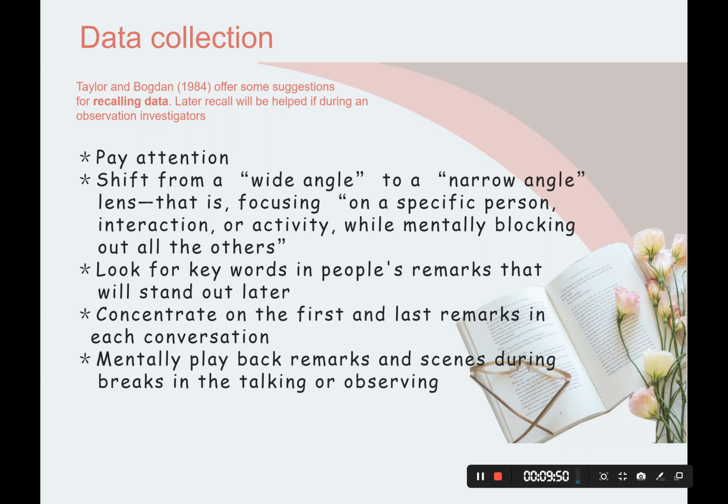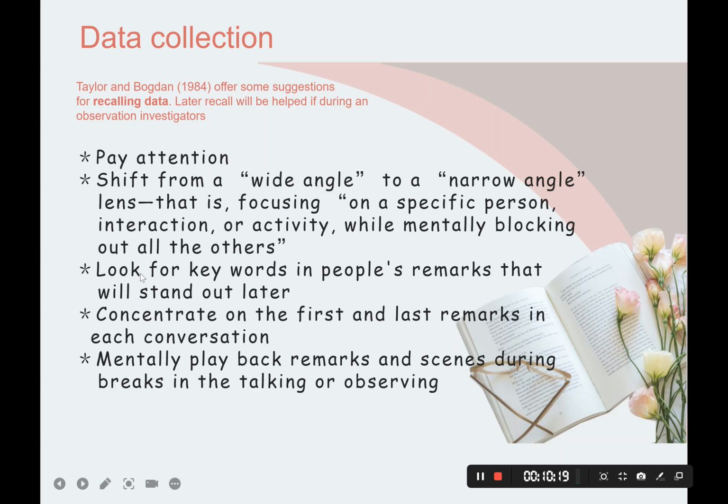And after you gather the data, it is very important to make a record of those data. You should pay attention to this process, how to record data, and to make a shift from a wide angle to a narrow angle lens. That is, focusing on a specific person, interaction, or activity while mentally blocking out all the others.